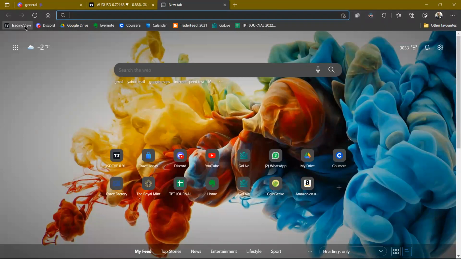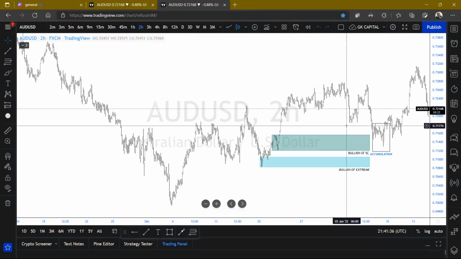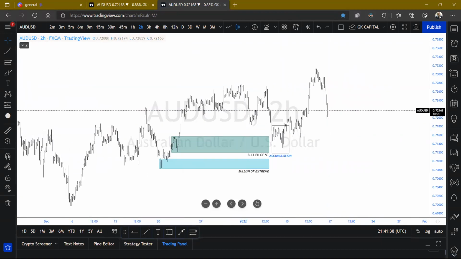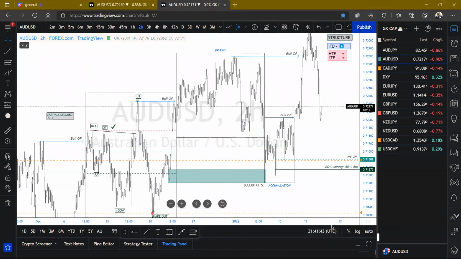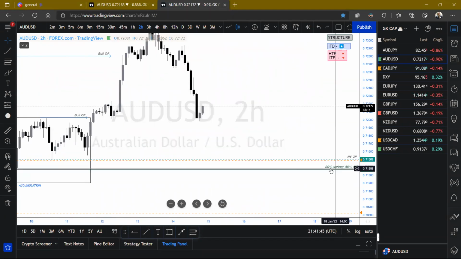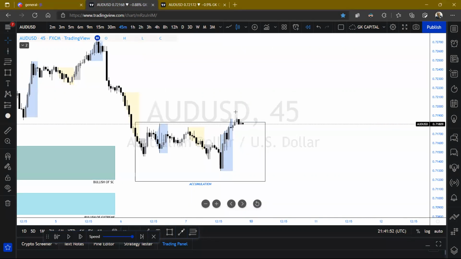Okay, now I can load it up in here. Yeah, there you go. So I was also looking at the same thing, but I was looking much lower. Okay, I was looking somewhere down here, whereas this price tapped into here.